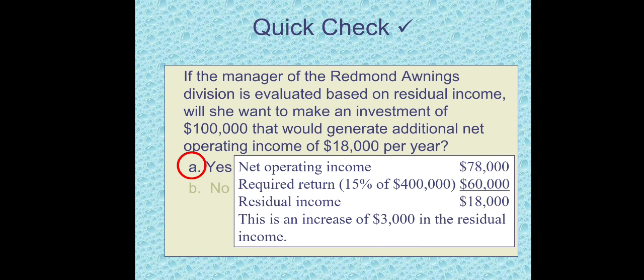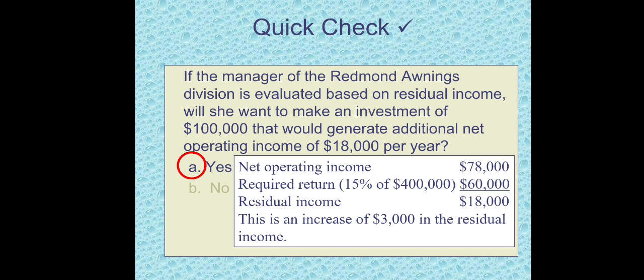And then the net operating income of the division. Then if the manager of the Redmond Earnings division is evaluated based on residual income, will she want to make an investment of $100,000 that will generate additional net operating income of $18,000 per year?